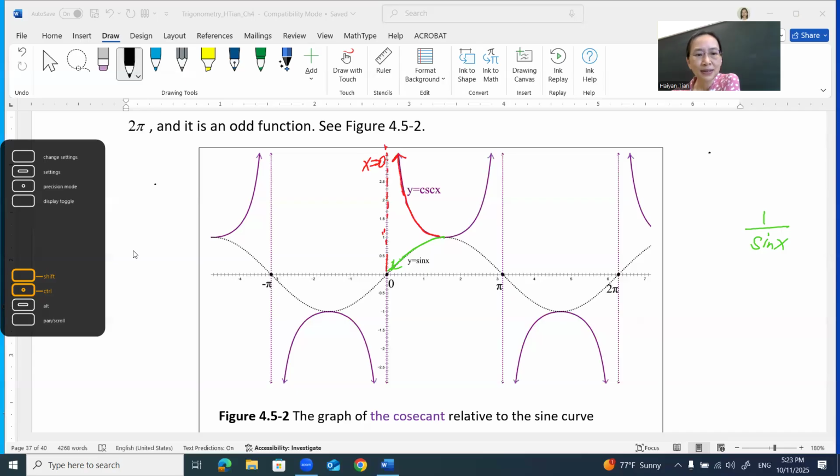And let's think the other way. So when sine x is positive, but getting closer and closer to 0, as we're going in this direction, the reciprocal is also getting larger and larger. The reciprocal function, which is the cosecant function, is going to increase, becoming larger and larger.